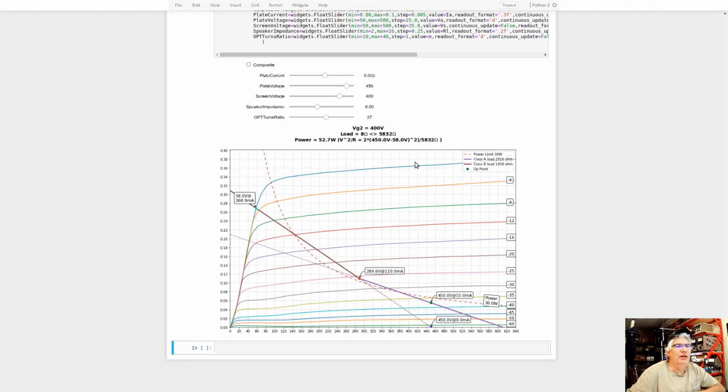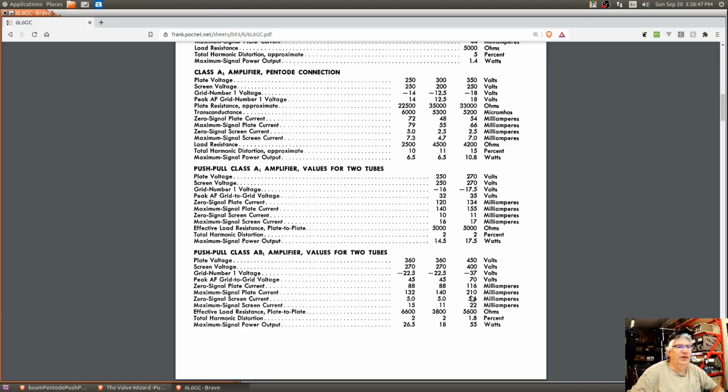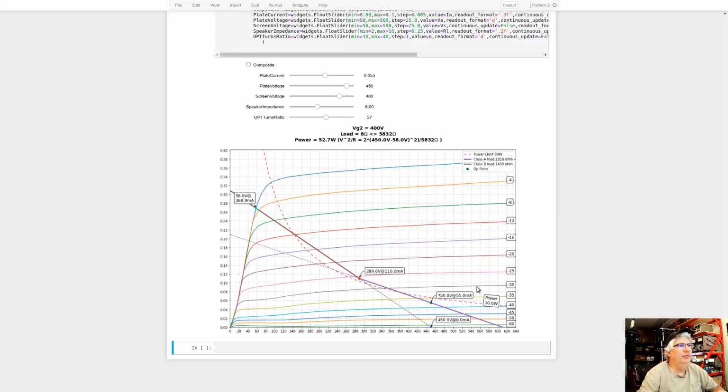I took that 400 volt screen voltage, I put that in, and I put in that we have a screen voltage of 400, a plate voltage of 450. The plate current right here says 116, but that's for two tubes now. So one tube is about 55 milliamps.